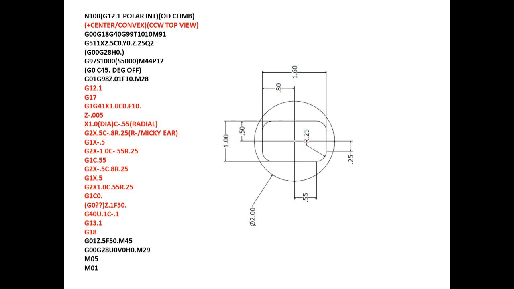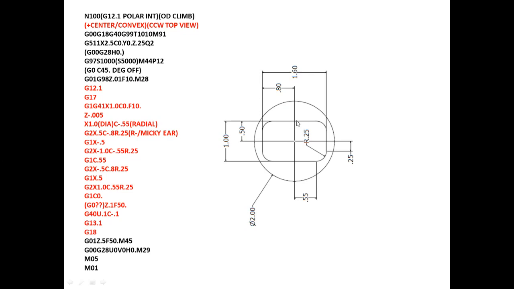These days many of us use CAM software, which probably gives you I, J, K values. But if you're programming manually, I think the simple R value makes it much easier to calculate point to point.